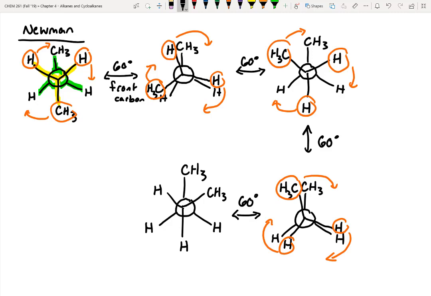One more, and then we'll get to the fun stuff. This is the last time I'll ask you to do this many of these. Front carbon, 60-degree twist, 60-degree twist, 60-degree twist. You know that the back carbon's going to stay put.